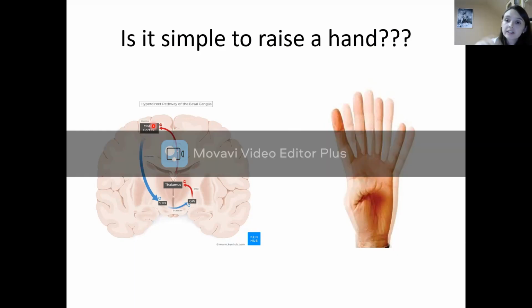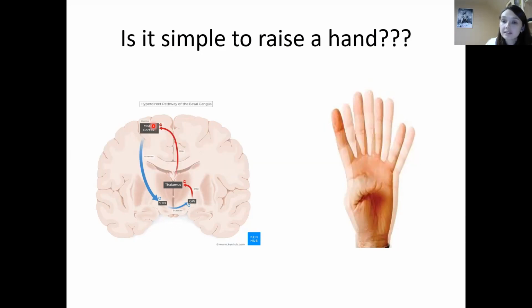Why do I explain such a somewhat difficult mechanism? This type of mechanism is very important when we talk about Parkinson's disease and the neurotransmitter dopamine.